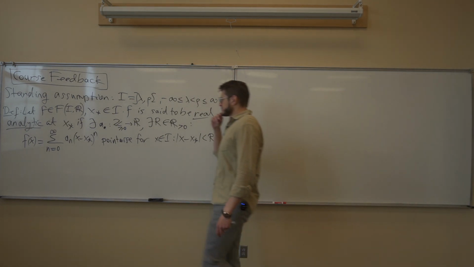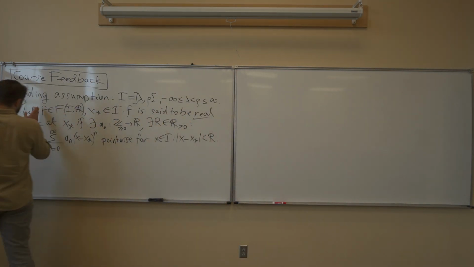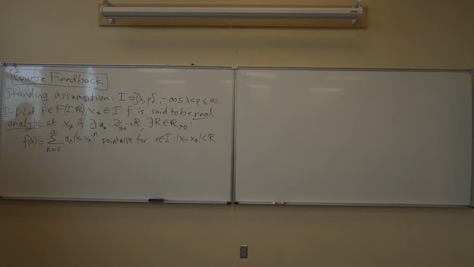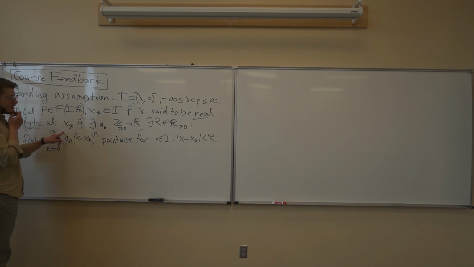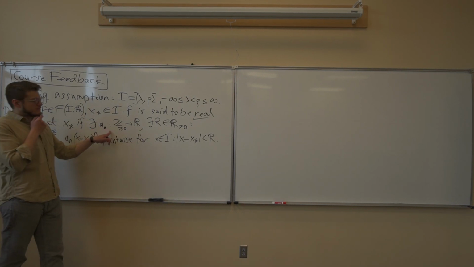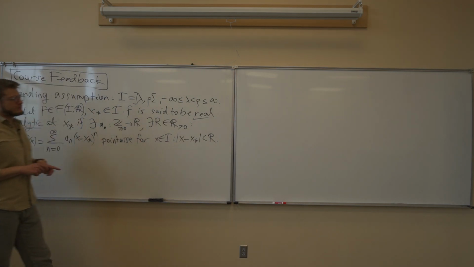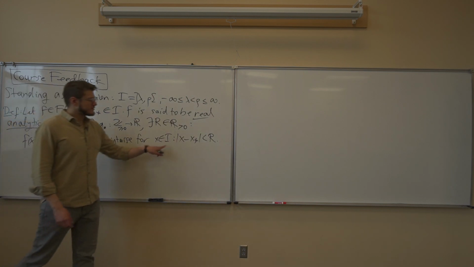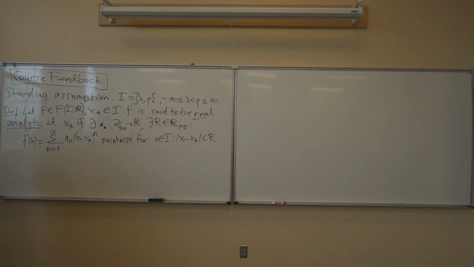And here's the definition. If I have a function f defined on my interval I, and if I fix a base point x star, I'm going to say that f is real analytic at x star if there's a sequence a bullet and some radius r, such that f of x equals this power series, and this has to happen pointwise, insofar as x is within r of x star.